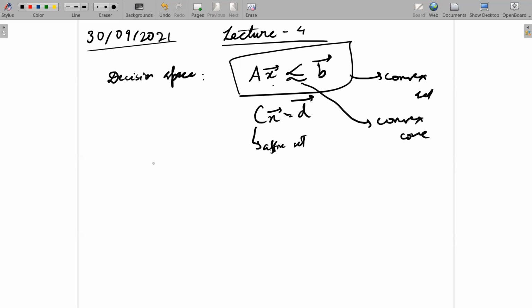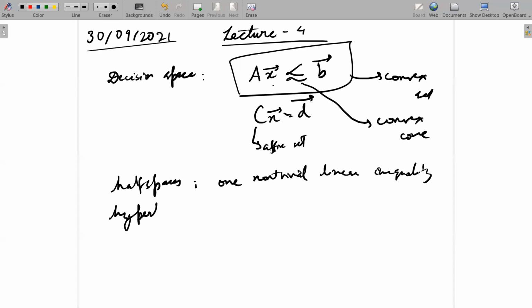Half spaces were essentially the outcome of one non-trivial linear inequality, and hyperplanes were obtained from one non-trivial linear equality.